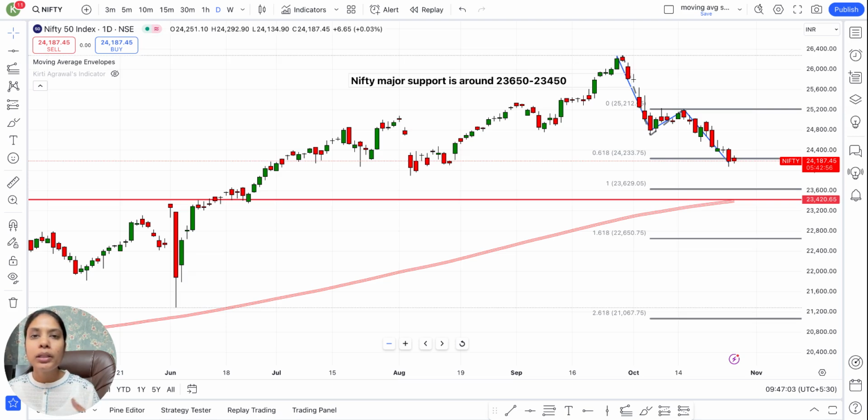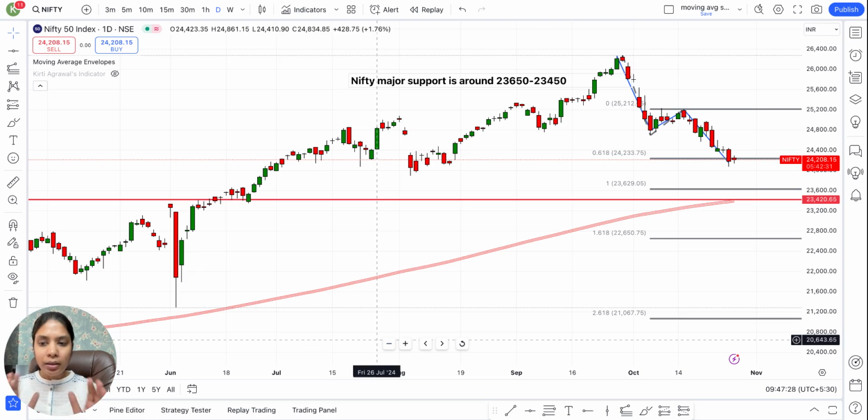Many times you keep waiting for the right entry points where you could have entered at lower prices and made a lot of money, but eventually you miss it. This is again the time when price is coming down to the 200 period moving average on a daily chart, where you can make an entry and make a lot of money from the market.